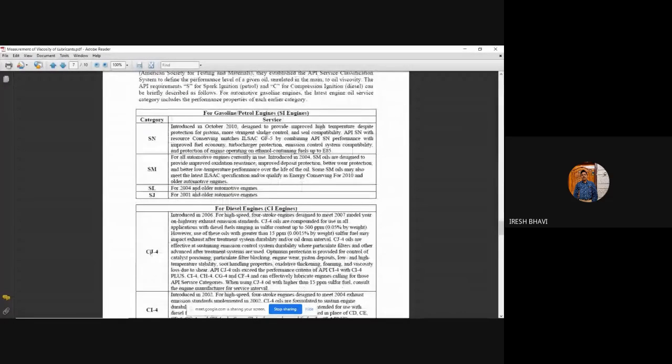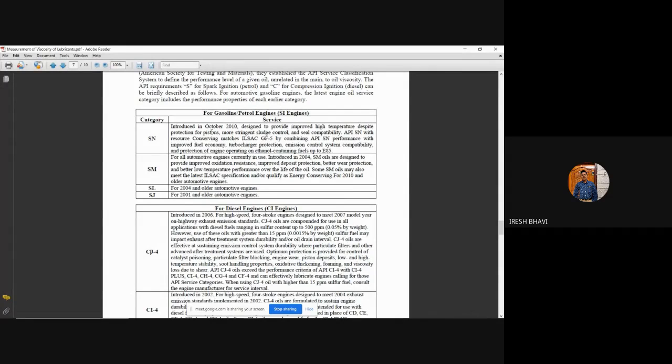Okay. So SN means what? There are different letters: SN, SM, SL, SJ. So SN was introduced in October 2010, designed to provide improved high temperature deposit protection for pistons and more stringent sludge control and seal compatibility.